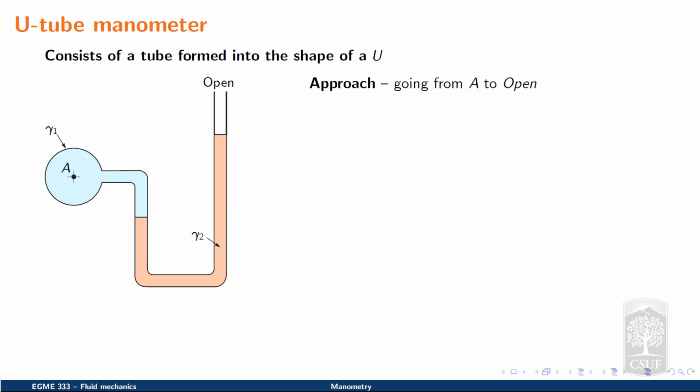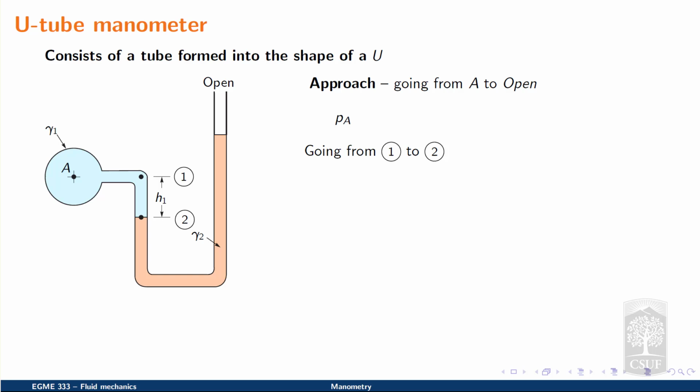So let's take these ideas and apply them as we go from point A all the way to the open end of this U-tube manometer. Let's start off at point A, where we should have a corresponding pressure P sub A. If we go from point A to point 1, we'll note that point A and point 1 are at the same vertical position, so they should have the same pressure.